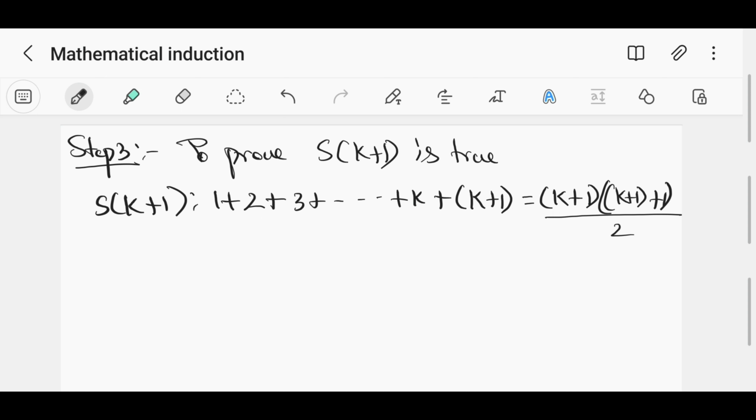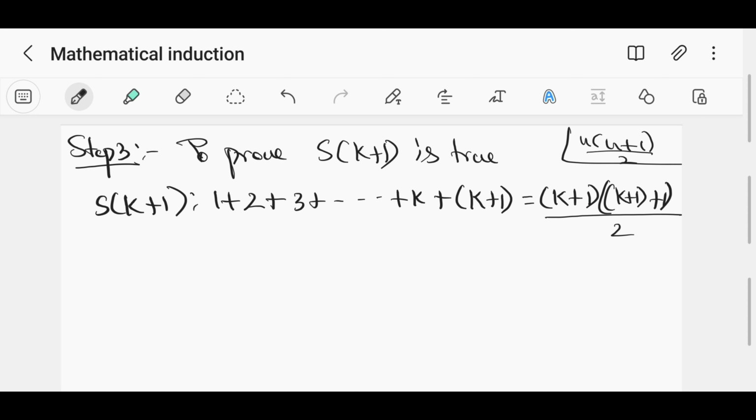Remember that you had n into n plus 1 by 2 in the RHS. In place of n, just k plus 1 is written. That's all. But we have to prove this.